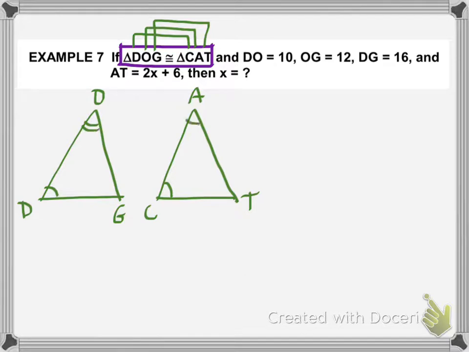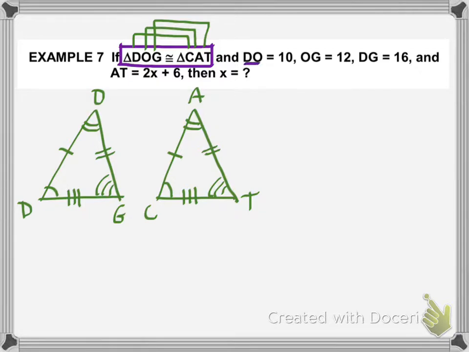O and A are congruent. G and T are congruent. Which also means DO and CA are congruent. OG and AT are congruent. And DG and CT are congruent. So now my picture's all marked up. Now we need to label it with the lengths.